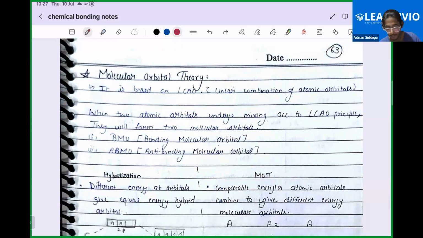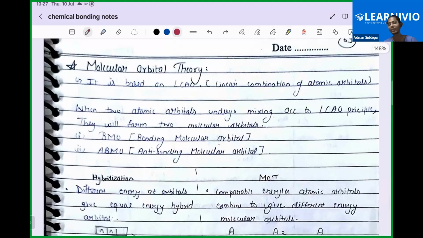What is molecular orbital theory? So far, we started with the Lewis dot structure. Then we talked about VSEPR theory because Lewis had some drawbacks and VSEPR theory somehow fulfilled some of those points. But VSEPR theory still had its own drawbacks. So to answer the questions in VSEPR theory, who came? VBT, valence bond theory.